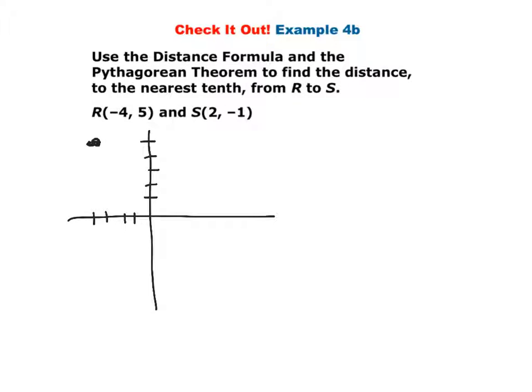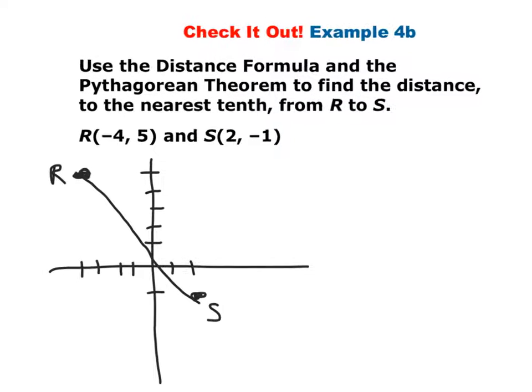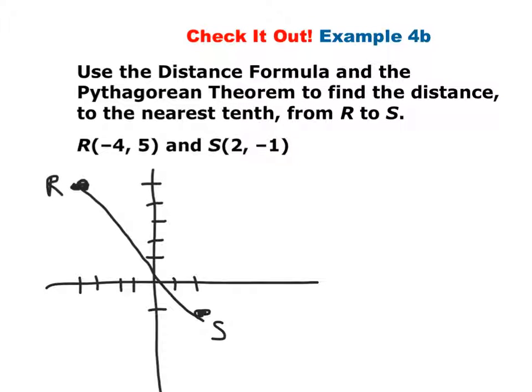And S is 2, -1, so we go to the right 2, and down 1. So this is R and S. We're trying to find the length of RS. So let's do the distance formula first. Let's call R the first point, so we have x1 and y1, and S will be our second point, so we have x2 and y2.